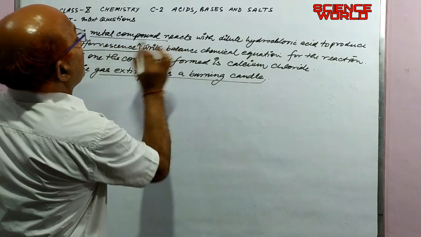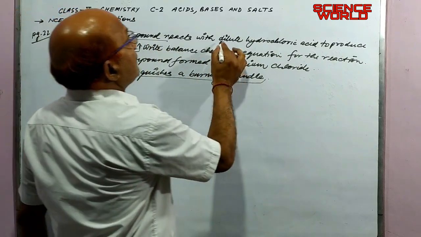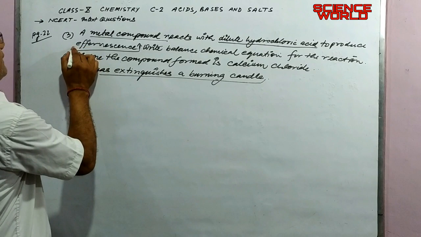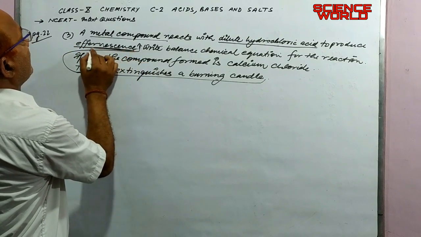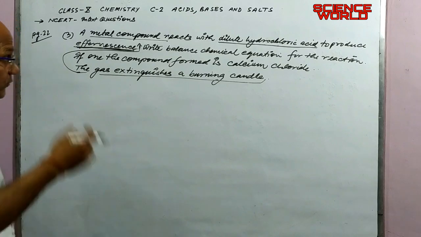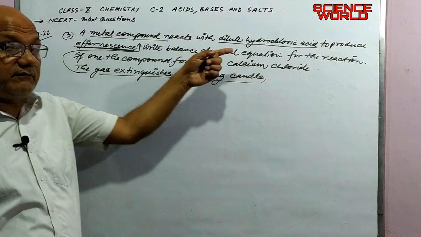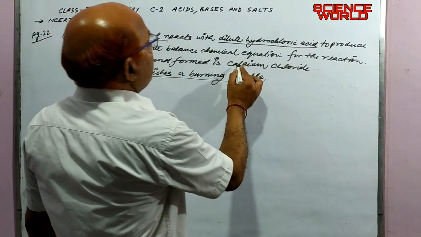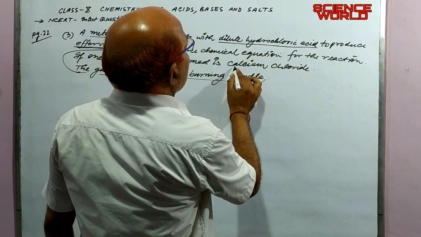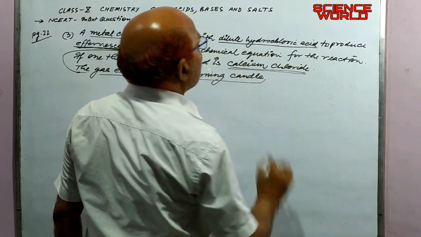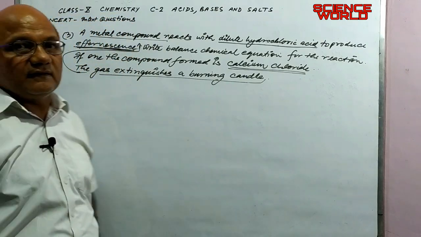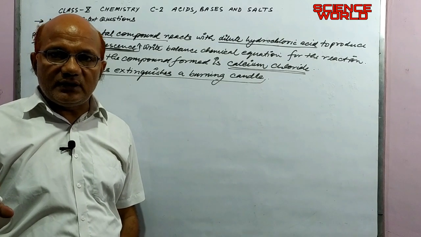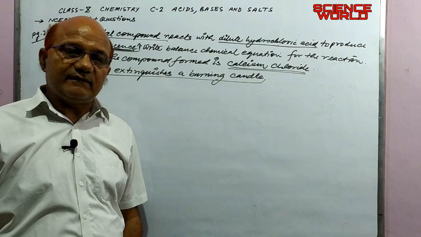A metal compound reacts with dilute hydrochloric acid. What happens? Effervescence means much lather is produced. If one of the substances formed is calcium chloride, it means the metal compound surely is calcium.